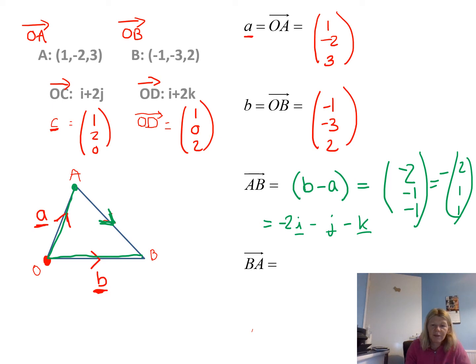And this one, B to A, is going in the opposite direction. So you actually want to go the other way. That works out as A take B. If I keep that one as columns going the other way, you can see that it's A take B. So 1 take minus 1 is 2.